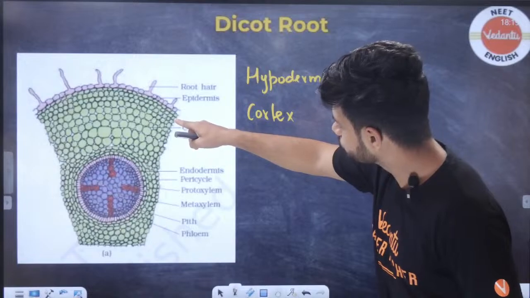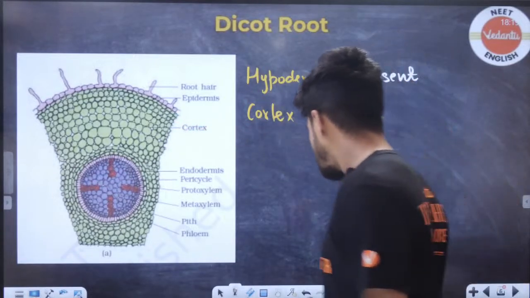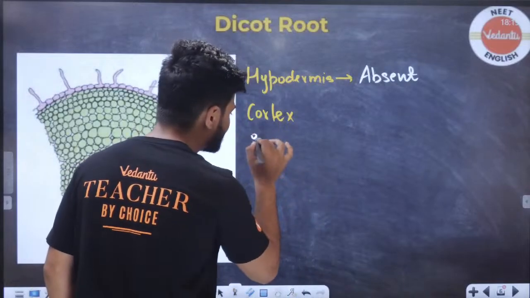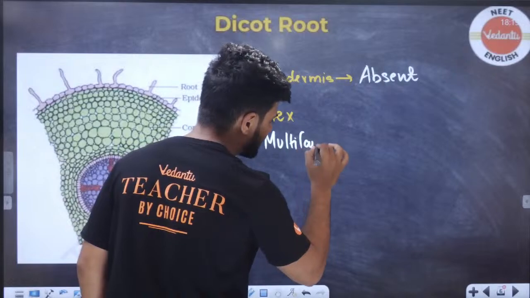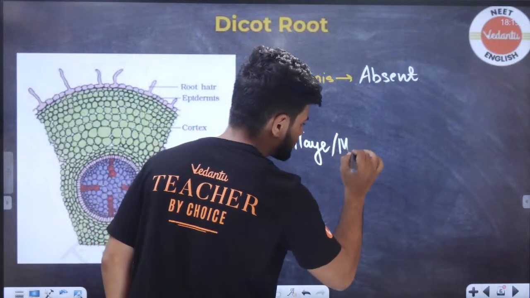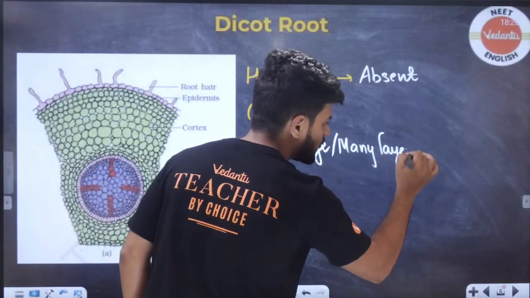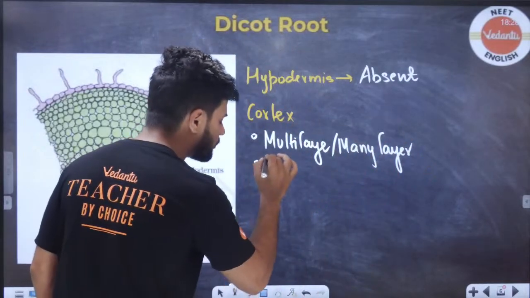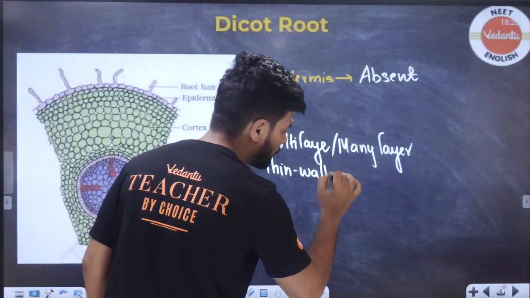See, 1, 2, 3, 4, 5, 6. Can I say it is multi-layer? Yes, sir, it is multi-layer, many layers. If it is multi-layer, it is also made up of thin-walled parenchyma.